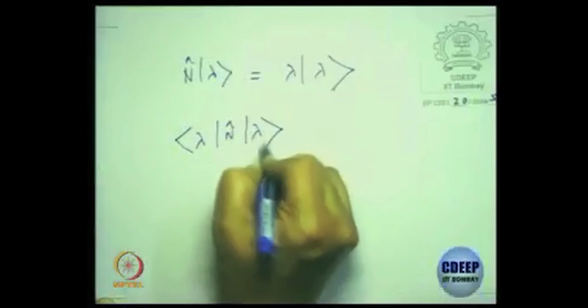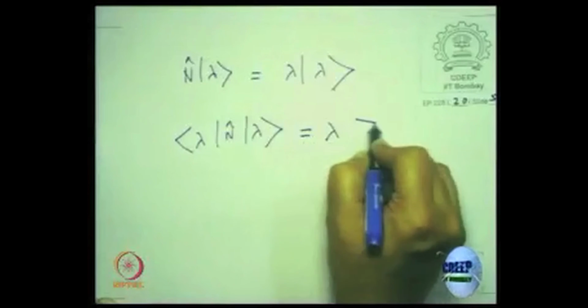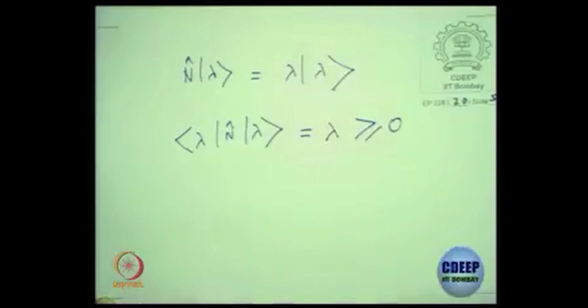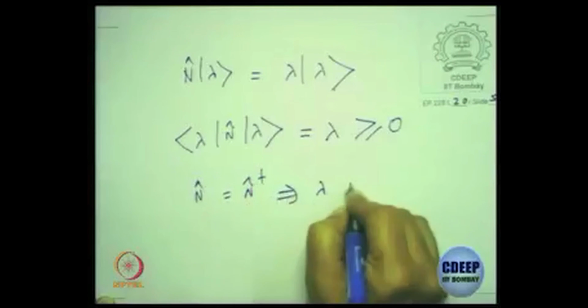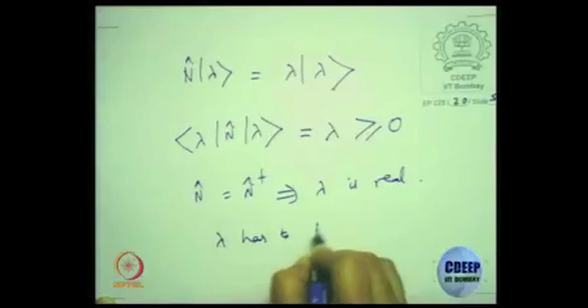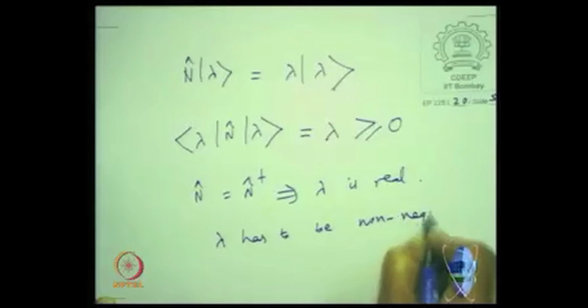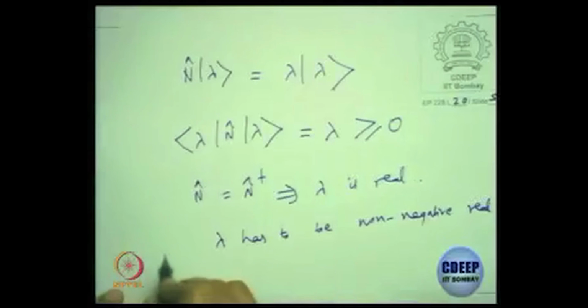So when I write n hat on lambda is lambda times lambda, if I try to find the matrix element of the expectation value in the state, this will give you lambda, and this has to be greater than or equal to 0, and n hat is Hermitian, which implies lambda is real. So lambda has to be a non-negative real eigenvalue.